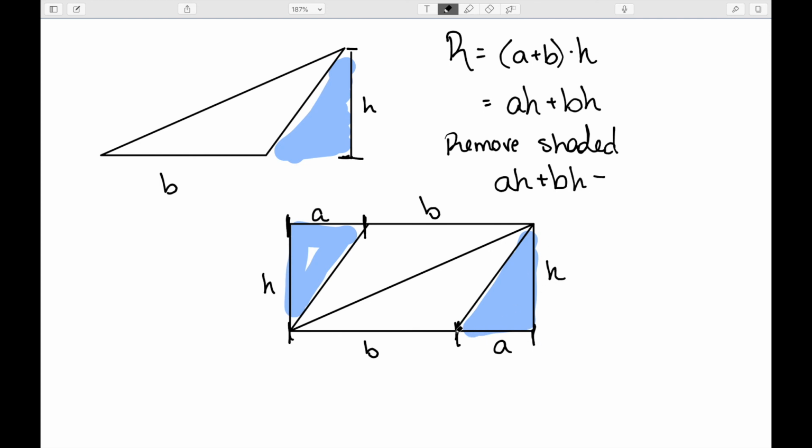It has area 1/2 AH. Same thing here. So we would actually be subtracting out an AH. And that would give us that the entire area of the rectangle without the shaded part, so just this double triangle piece here, would be BH. So the area of the triangle would be half of that.